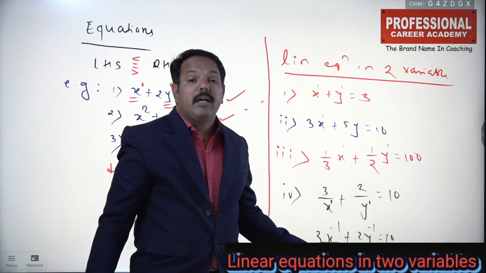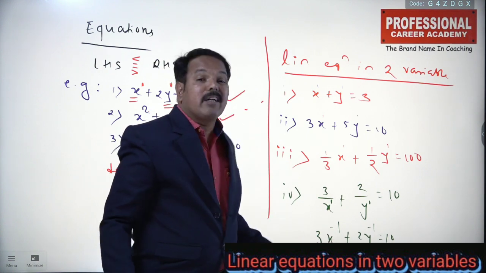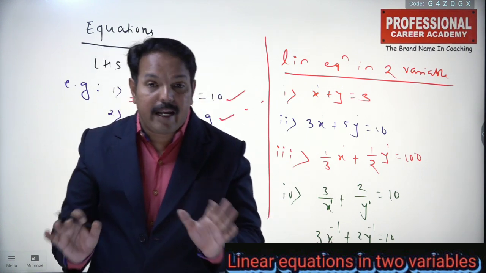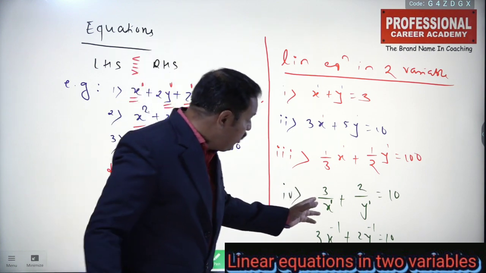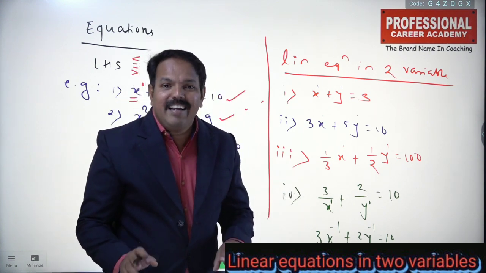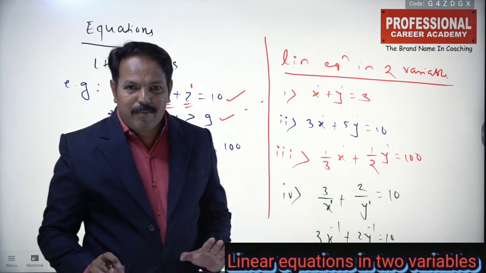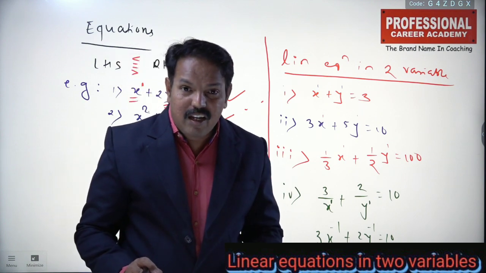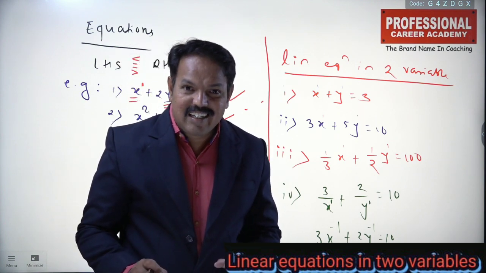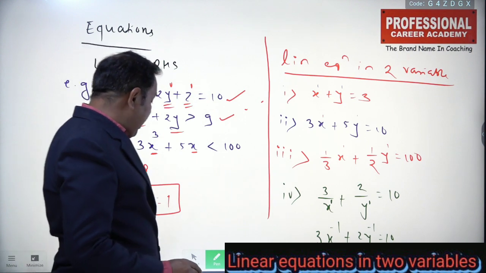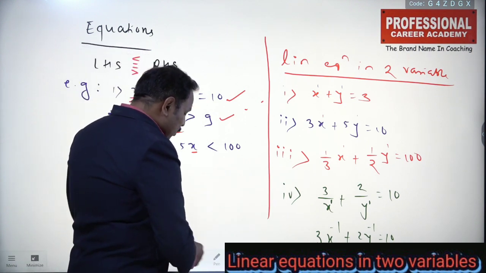So here the degree is not 1, so this is not a linear equation in 2 variables. This is an equation in 2 variables, but not a linear equation in 2 variables. Any doubt here? Have you got it? So this is about linear equation in 2 variables.